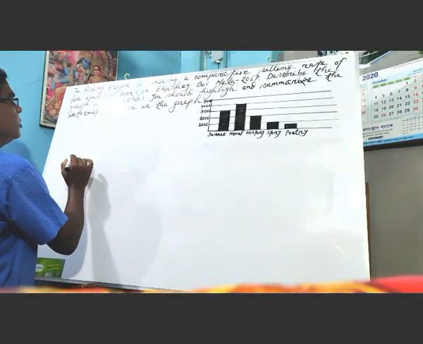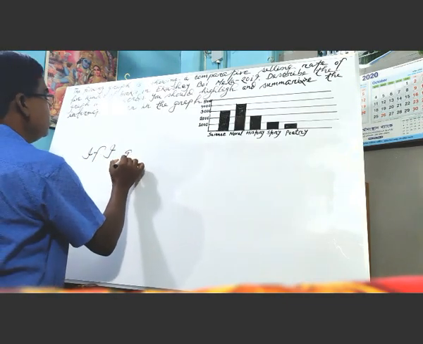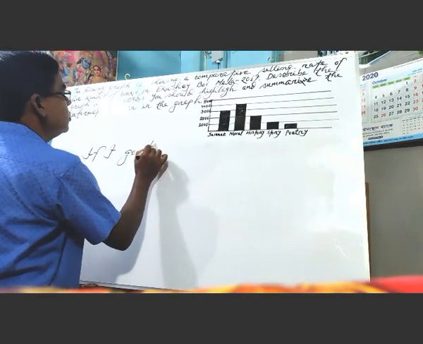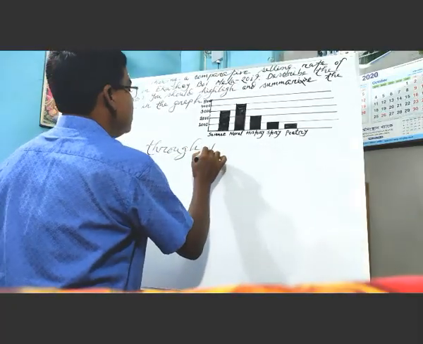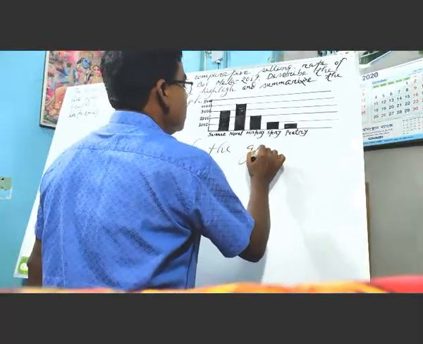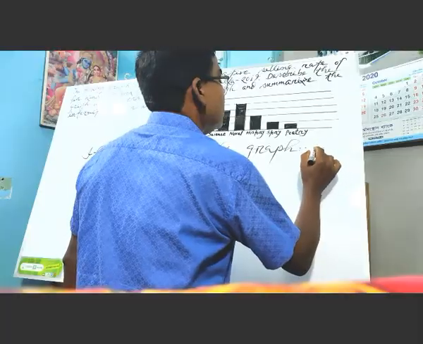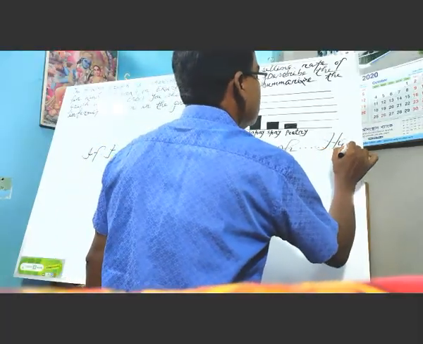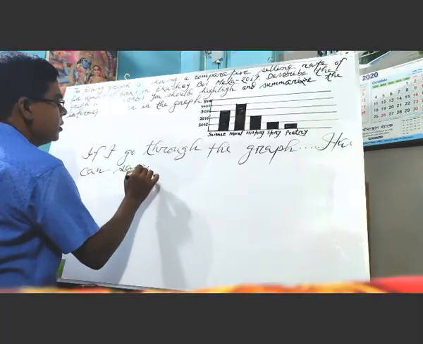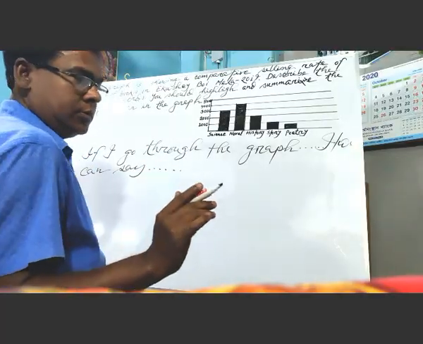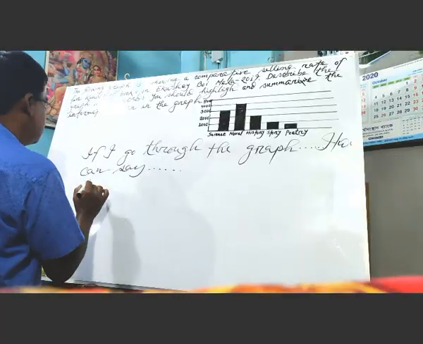First, look here: If I go through the graph, I or we can start like this. Or at the beginning you can also write in this way.